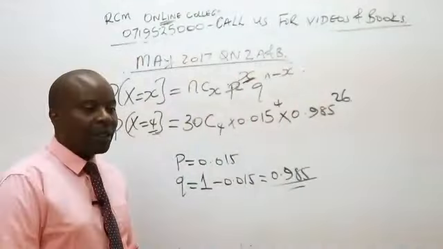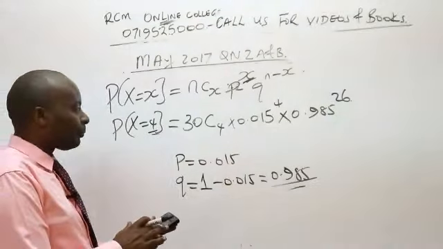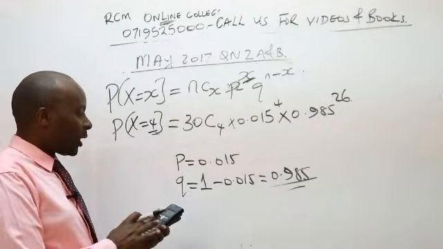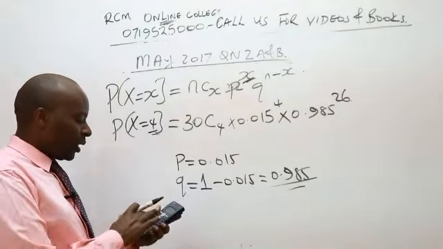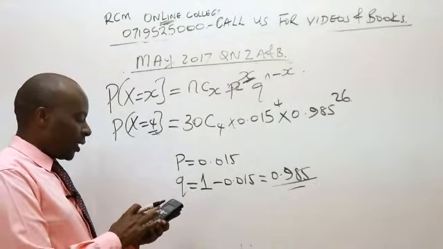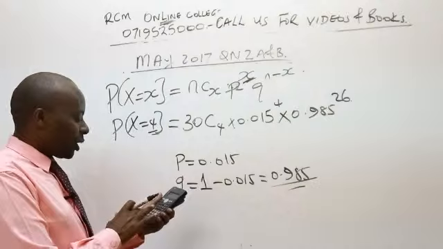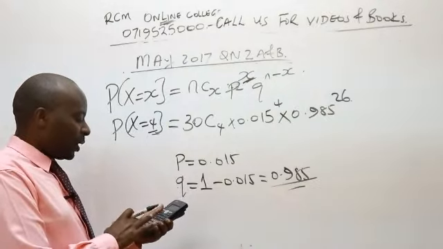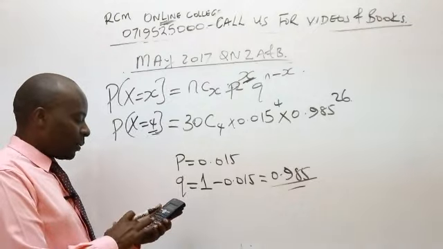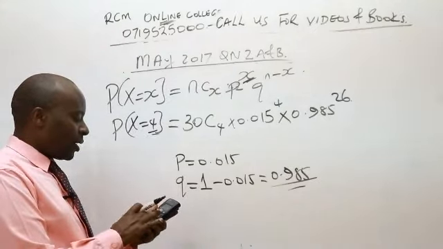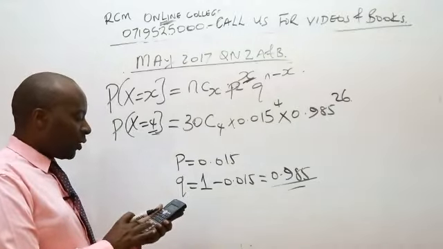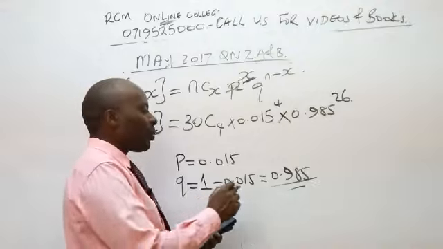So ladies and gentlemen, we have 30 combinations 4, times 0.015 raised to power 4, times 0.985 raised to power 26, which at the end of the day again gives us a very small probability.